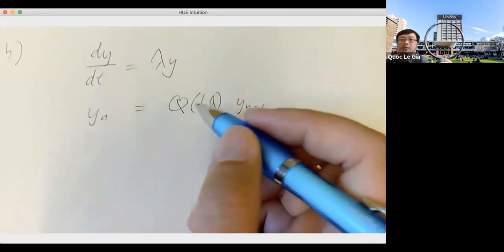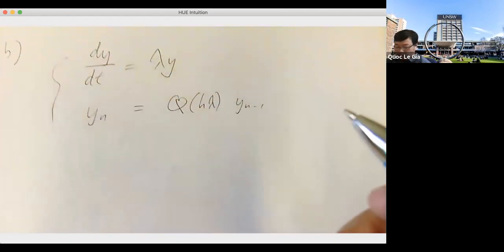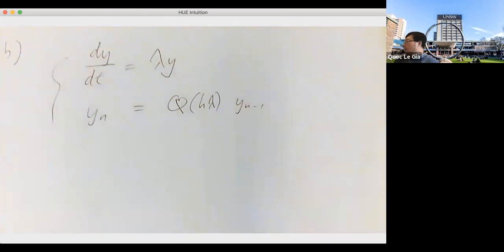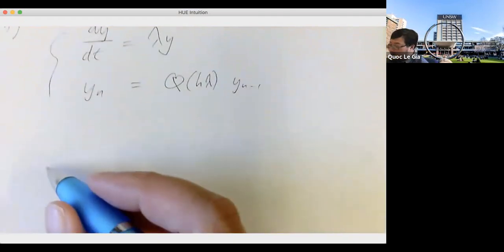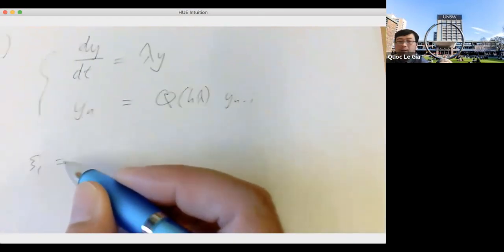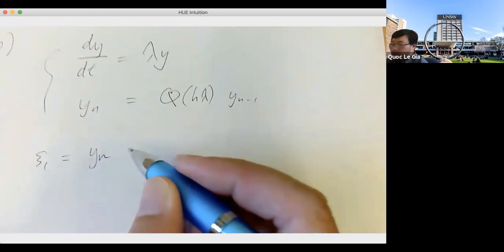So what is q? Okay, so now you just have to plug in the previous formula. So remember, you got xi1 equal yn, so nothing particular here.